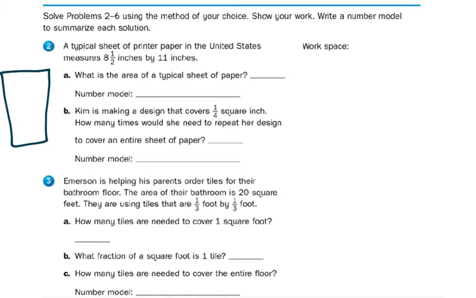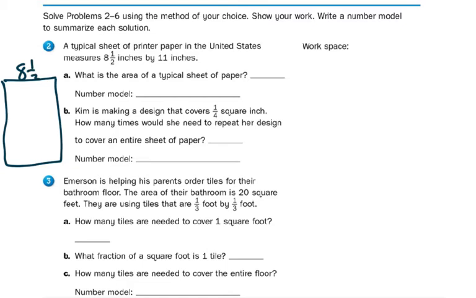It does not look like a rectangle whatsoever, but we are talking 8.5 by 11. So let's go ahead and take 8.5, multiply it by 11. Please do this with me.